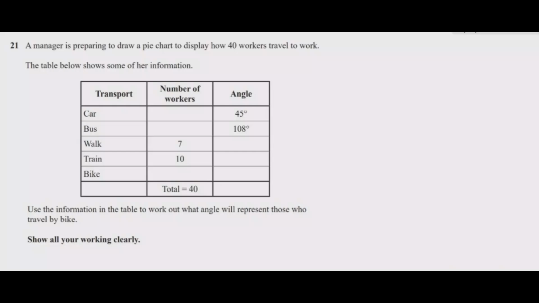The method we can use, you can say 45 degrees over 360 degrees, times the total sum, which is 40. It should give us the number of people. So we cancel 0 here, and this 0 we cancel it out. Here we remain with 36.